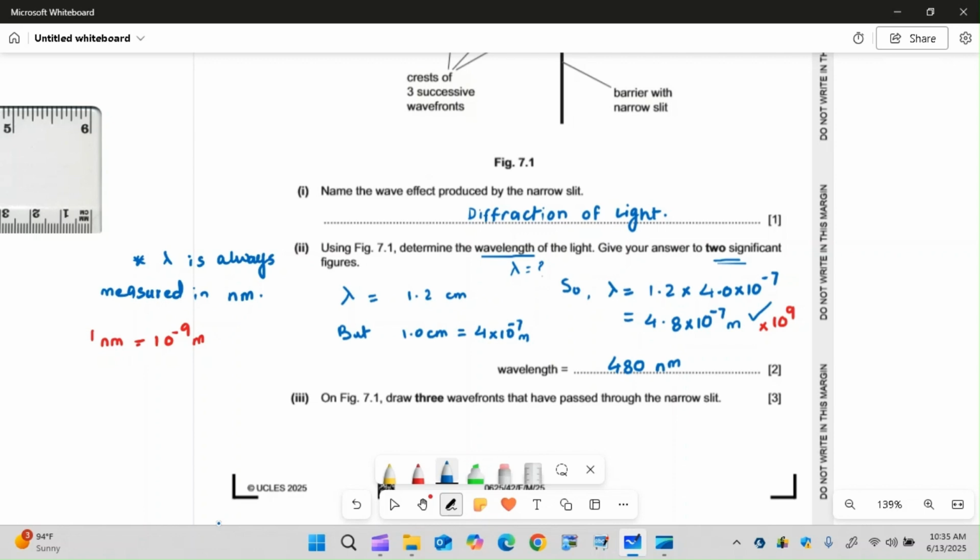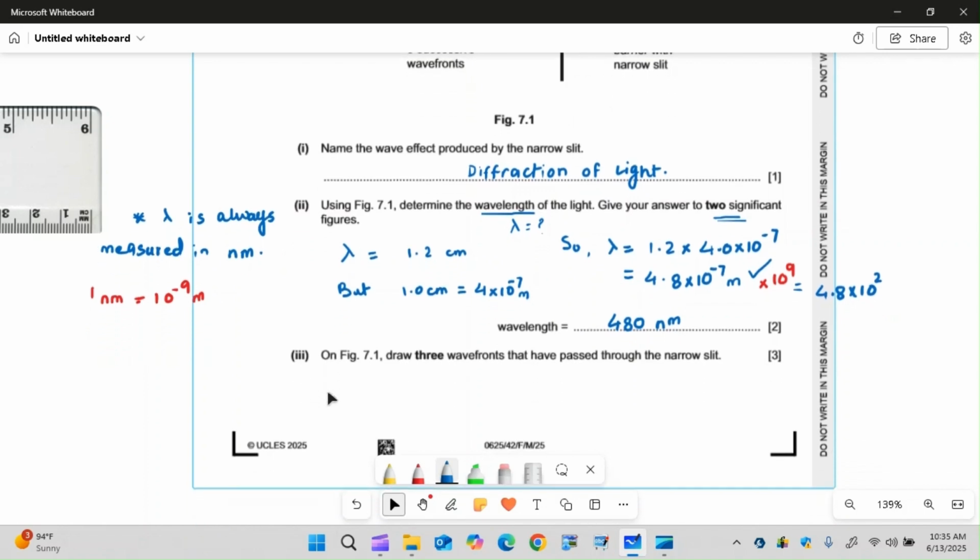So this one, as you can see here, 4.8 into 10 to the power minus 7 plus 9 is 2, so 100, so 480.